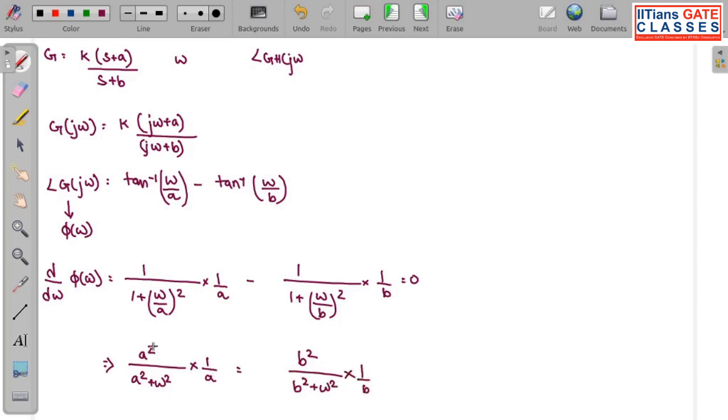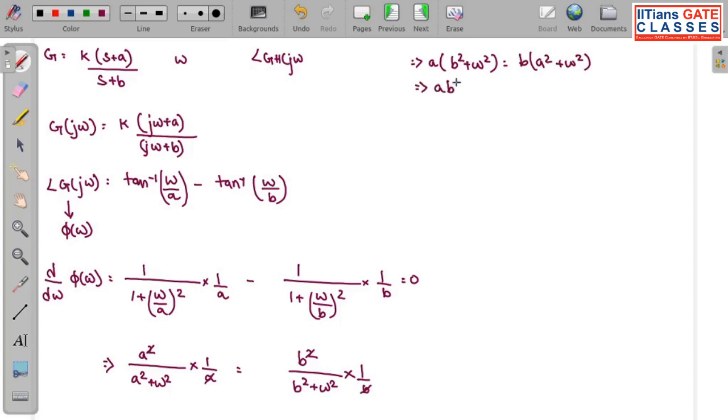So the a got cancelled, the b got cancelled, and now we have to just solve this. I am cross multiplying: a(b square plus omega square) equals b(a square plus omega square).